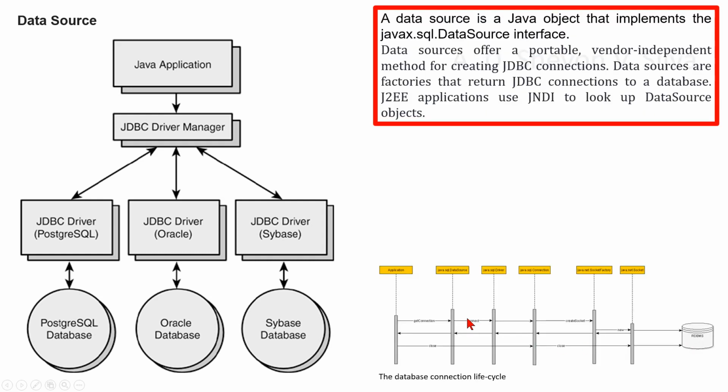Here you can see the database connection life cycle. Every database read or write operation requires a connection. So let's see how the database connection flow looks. The flow goes like this. Step 1, the application data layer asks the data source for a database connection.